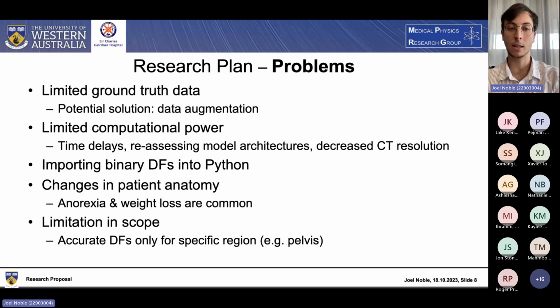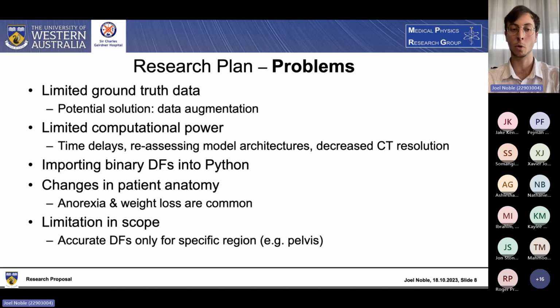Another problem is changes in patient anatomy, which could confound the model, particularly for palliative patients. Anorexia and weight loss are common symptoms, and so this is certainly a motivation behind the direct use of diagnostic CTs having a limitation on how old they could be, because if the patient's anatomy is changing significantly, that is going to cause quite a large discrepancy in the plans.